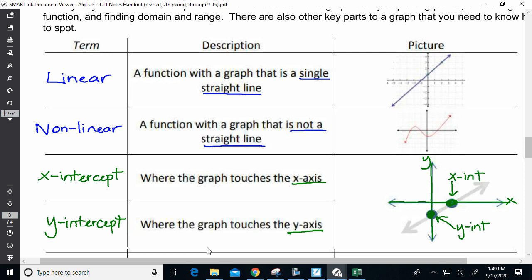Any questions on the first four definitions? All right, cool. You got 45 seconds to do that. So again, if you need to write them down, take some time now to do that.